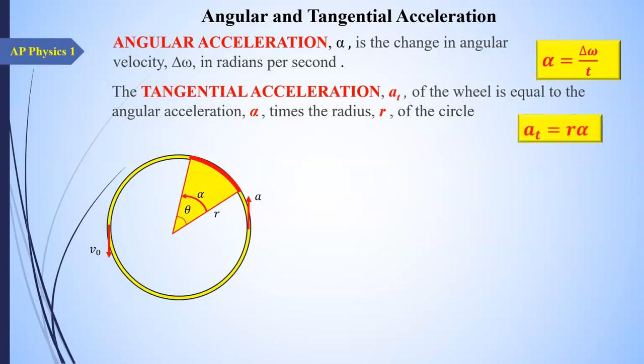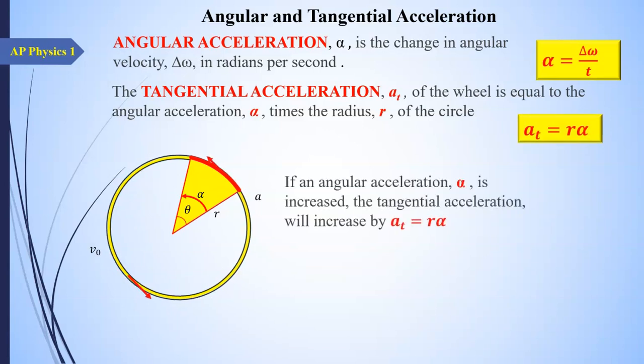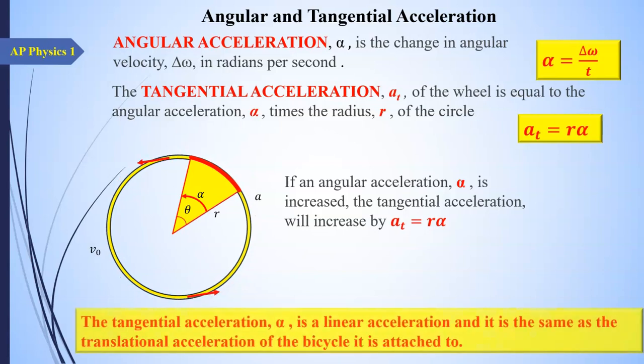And there's the formula for that. So if an angular acceleration alpha is increased, the tangential acceleration will increase by r times alpha. The tangential acceleration is a linear acceleration, and it is the same as the translational acceleration of the bicycle it is attached to.